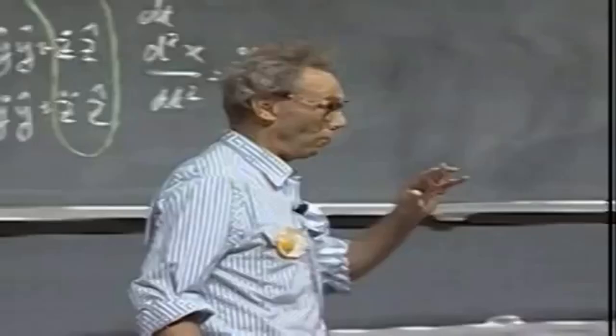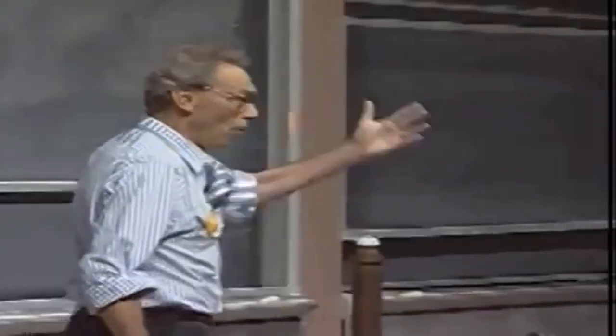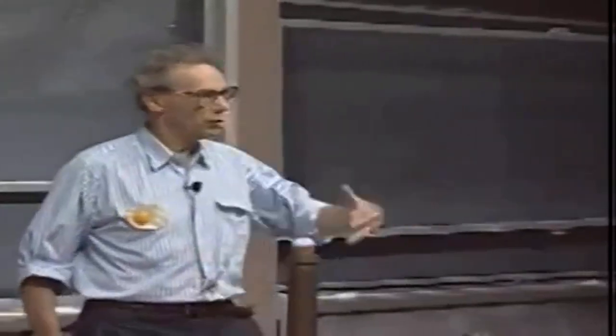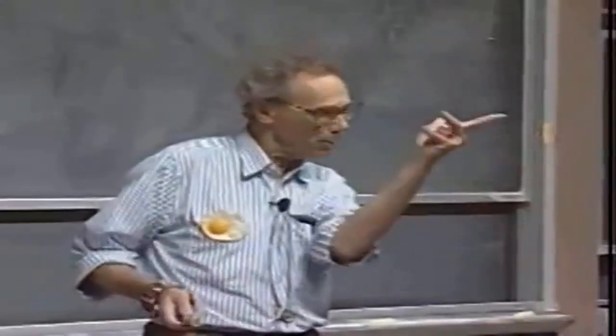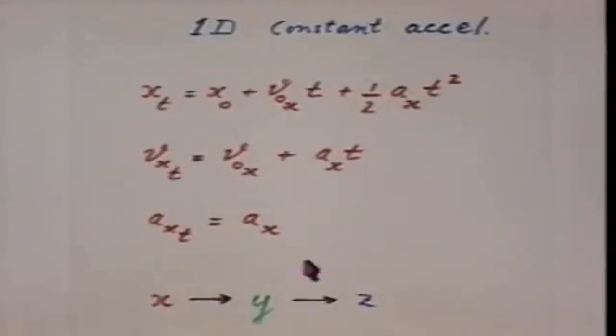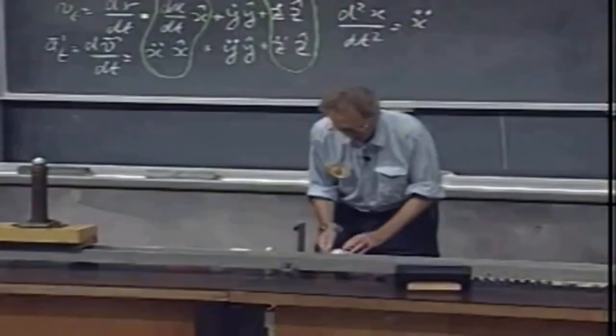Now, if we have a motion which is more complicated, which reaches out to two or three dimensions, we can decompose the motion in three perpendicular axes, and you can replace every x here by a y, which gives you the entire behavior in the y direction, and if you want to know the behavior in the z direction, you replace every x here by z, and then you have decomposed the motion in three directions. Each of them are linear.